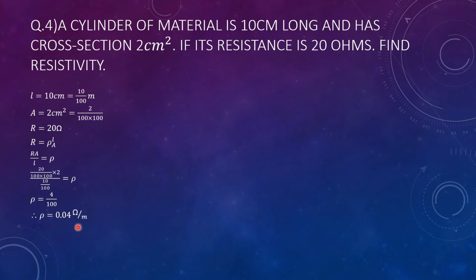So this is the formula to find an unknown value when resistance, length of conductor, and area of cross section of conductor are given and resistivity we have to find.